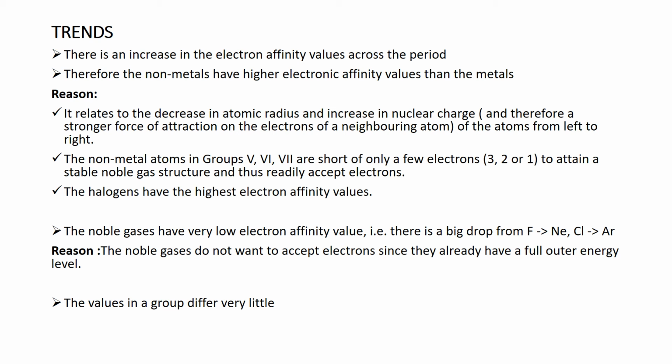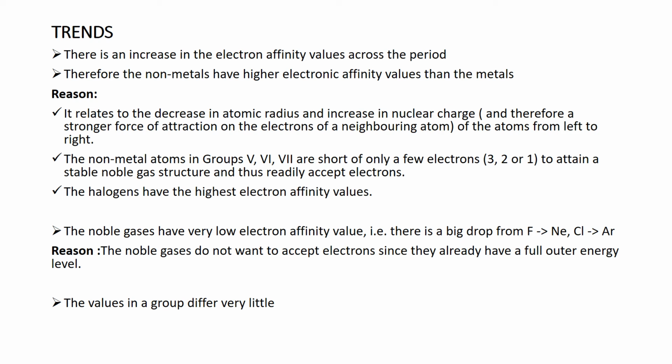The reason for this is because there is a decrease in atomic radius and increase in nuclear charge as you move from left to right. So the nonmetal atoms are short of only a few electrons to attain a stable noble gas structure, and thus they are ready to accept electrons.